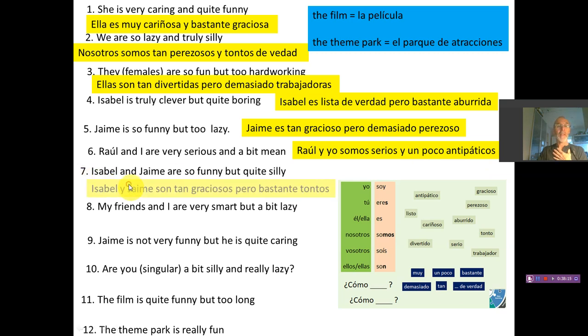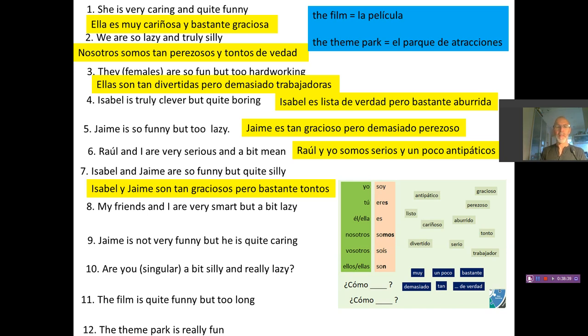Isabel and Jaime. So again, think about this. Isabel and Jamie are great friends. Isabel and Jamie go to the cinema most weekends. Isabel and Jamie love to dance. Isabel and Jamie are going to get married, and so on. We wouldn't keep saying Isabel and Jamie, would we?